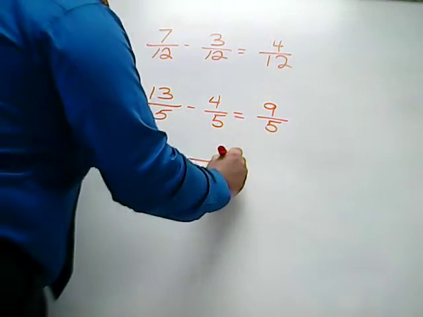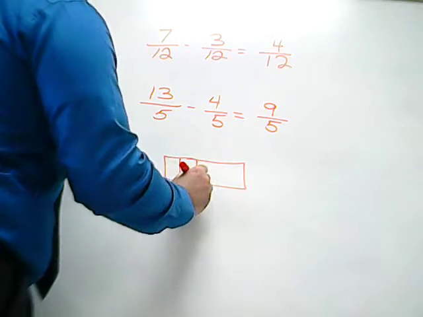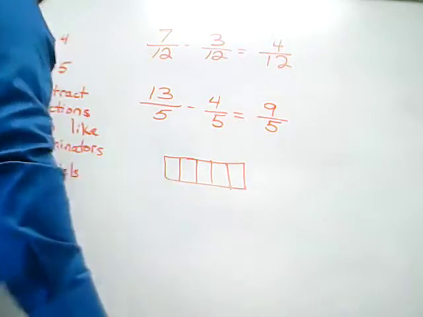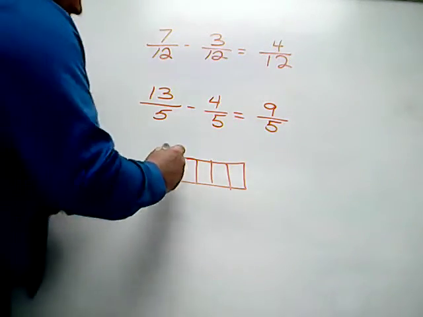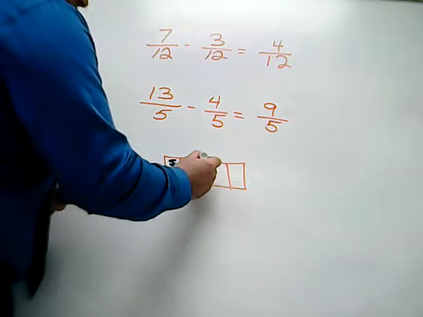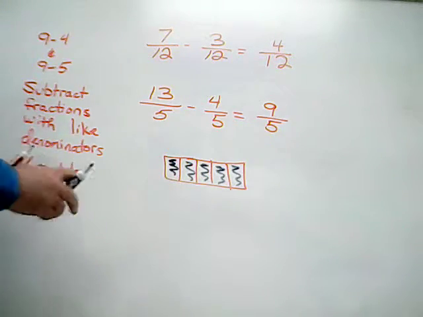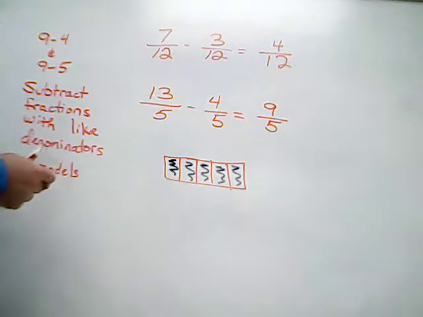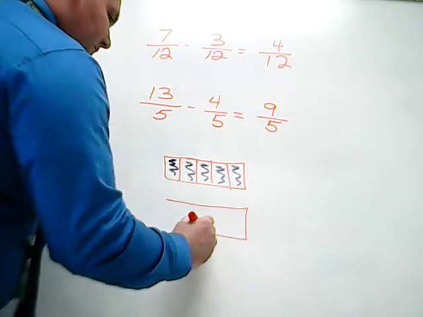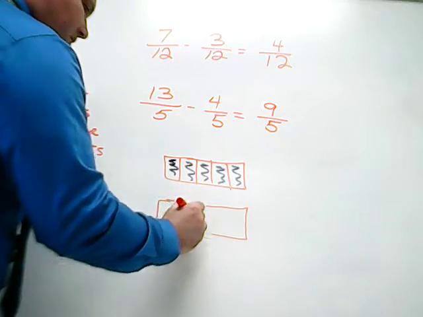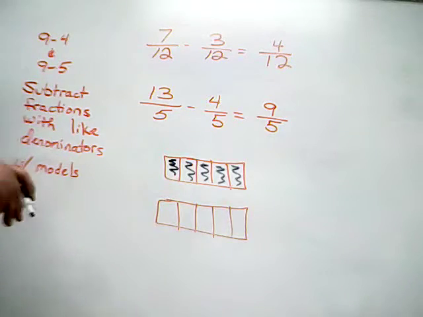So one strategy we've talked about is breaking a picture into fifths and coloring in 9 of them. 1, 2, 3, 4, 5. I'm not finished though, because I have to color in 9. So as we talked about in class, draw yourself a second figure, break it into fifths, and continue your coloring.